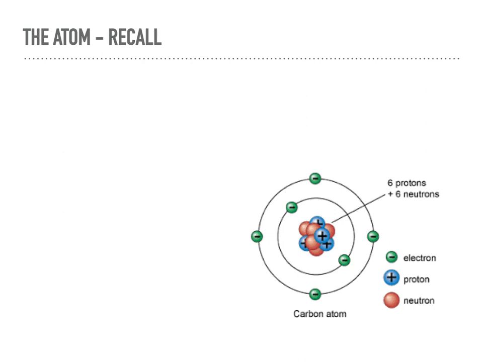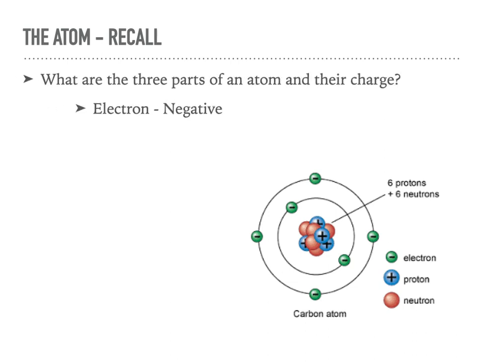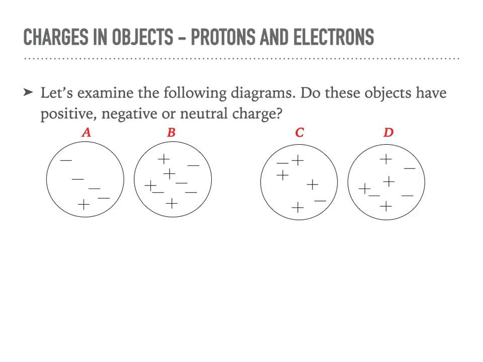The protons and the neutrons, the blue and the red, are always found in the nucleus. So the three parts of an atom consist of electrons, protons, and neutrons.